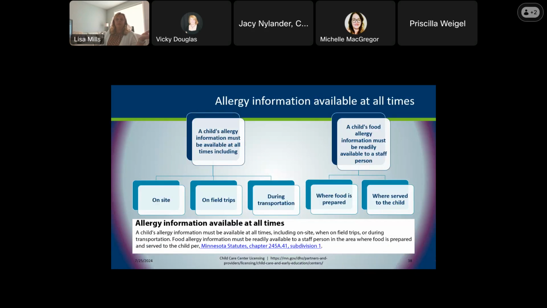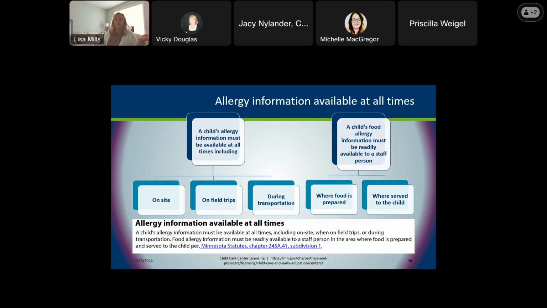Allergy information must be available at all times. It must be available on site, on field trips, and during transportation. A child's food allergy information must be readily available to staff where the food is prepared and where food is served to a child. Our licensors also ask that I stress that posting a list or a simple chart of known allergies with just the names of children who have allergies is not sufficient.